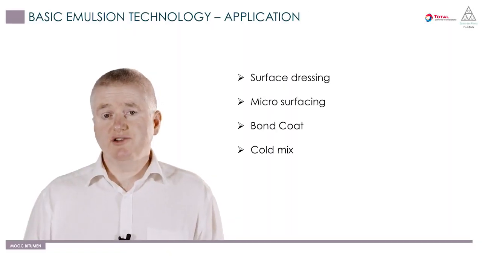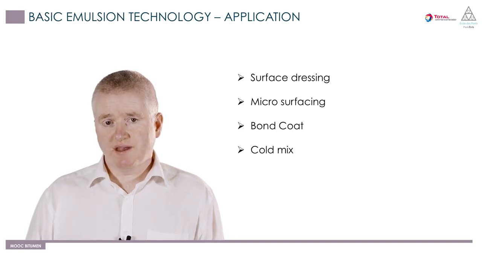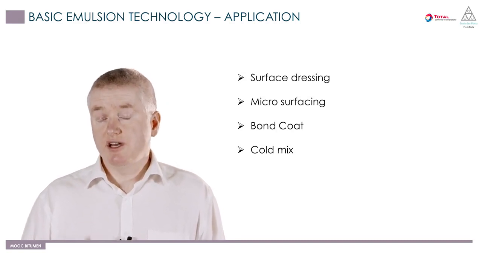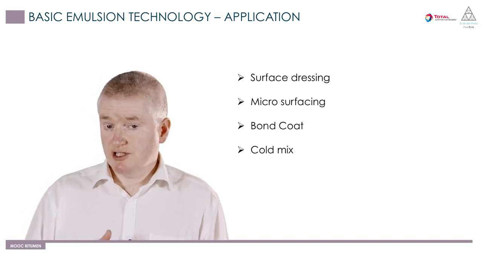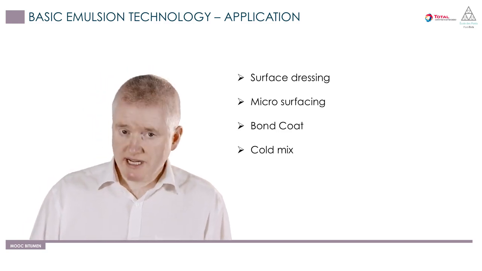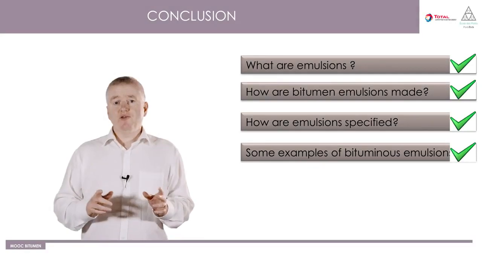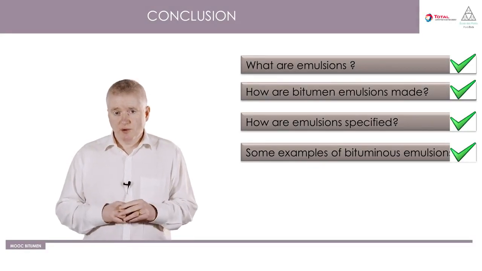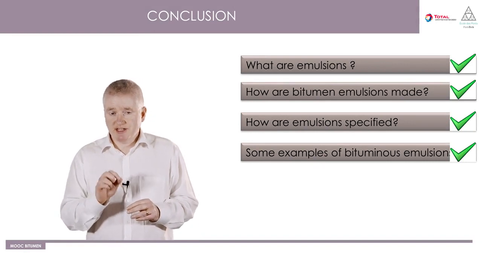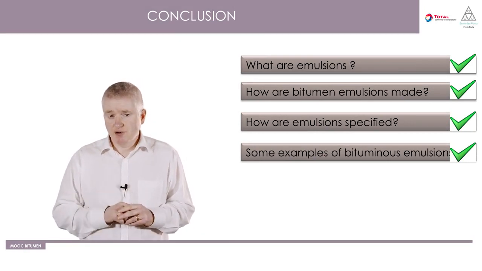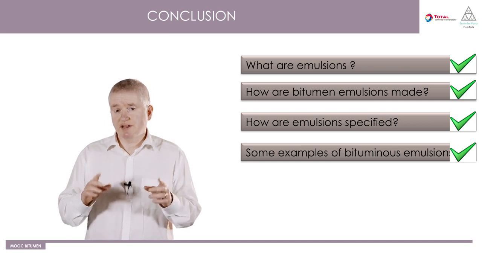Emulsions are currently used in a number of applications. However, the main ones include surface dressing, microsurfacings, bond coats and tack coats, and cold mix asphalt. To summarise this module on emulsions, we have looked at what an emulsion is and that this type of structure exists in nature in many different forms. We looked here specifically at milk.